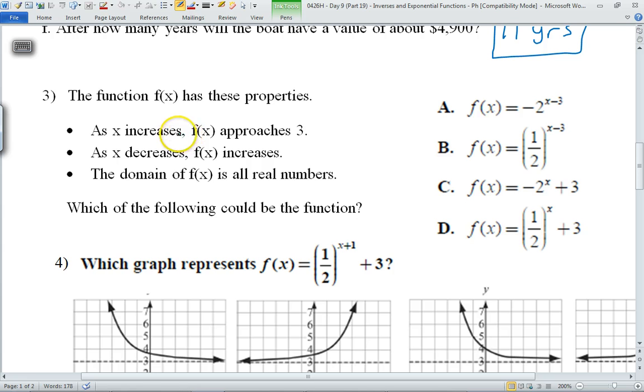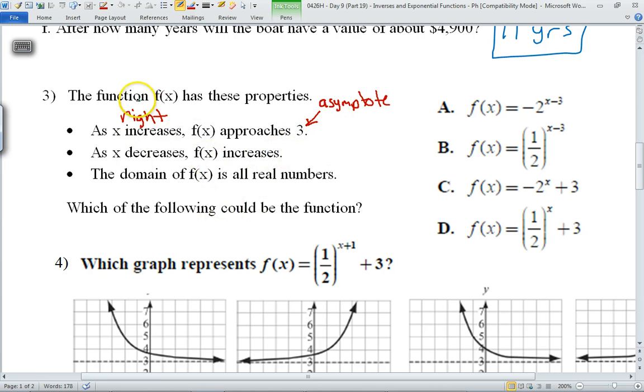As x increases, meaning as we go to the right, f of x approaches 3. Okay, this is like an asymptote. So as we go to the right, the graph approaches 3.